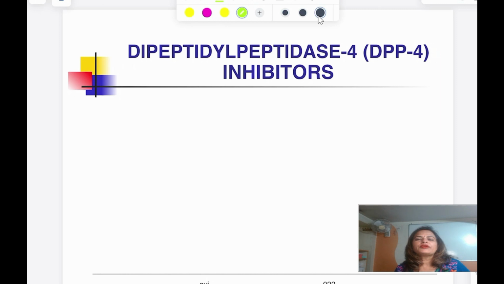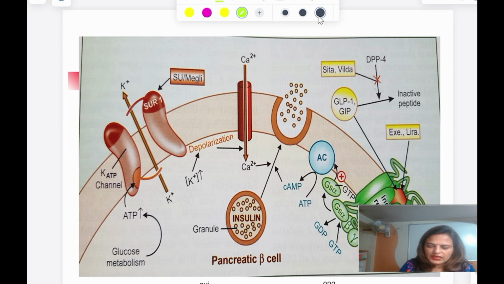Next is DPP4 inhibitor, or dipeptidyl peptidase 4 inhibitor. I have already told how they act. This group includes sitagliptin, vildagliptin, alogliptin, teneligliptin, and linagliptin. They inhibit the enzyme DPP4. By inhibiting that enzyme, they indirectly increase the endogenous incretin level.